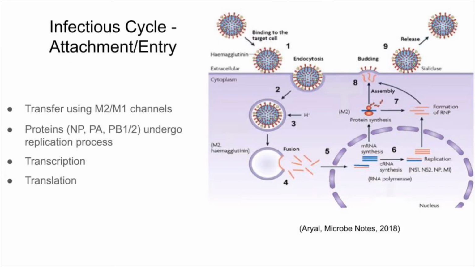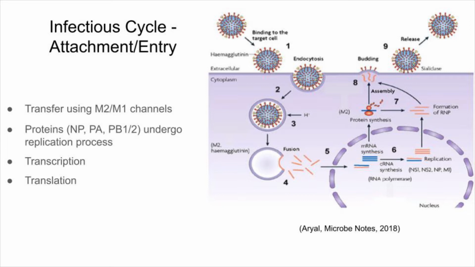Moving on to our next slide, infection cycle and entry. To transfer its viral material, it will use M2 and M1 channels. The proteins undergo replication in the following: NP, PA, PB1 and PB2 proteins.